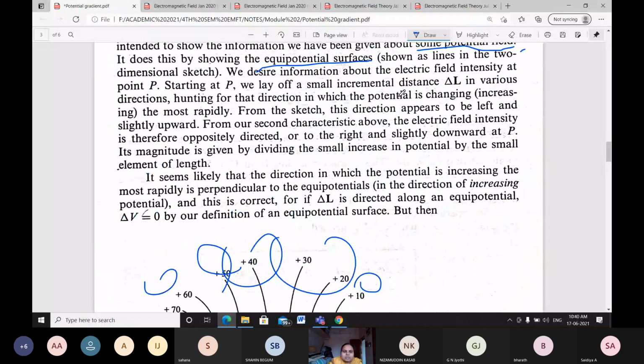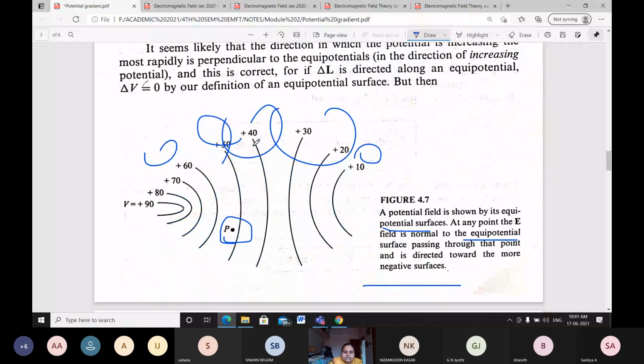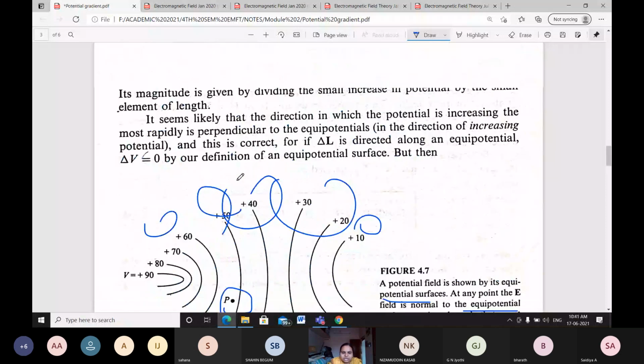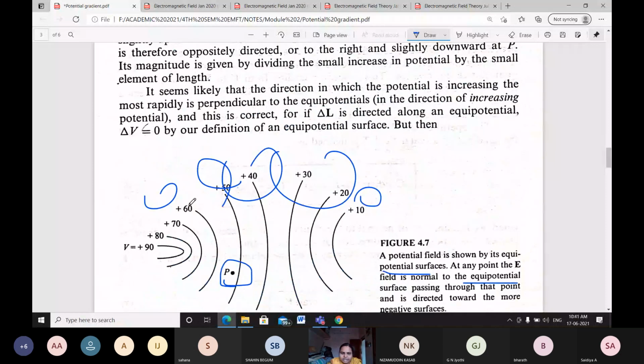Potential is changing most rapidly, means in which direction from P the potential changes, the electric field intensity should be changing rapidly, whether the potential is 90, 40, 50, 30 or any other value.